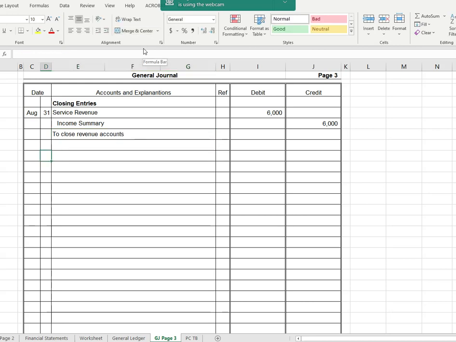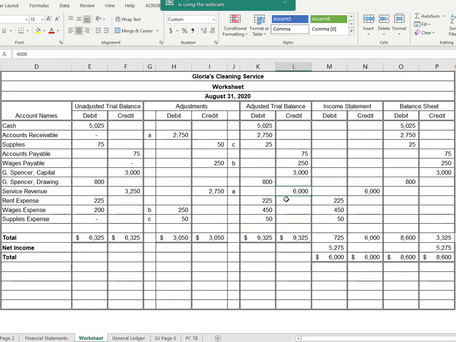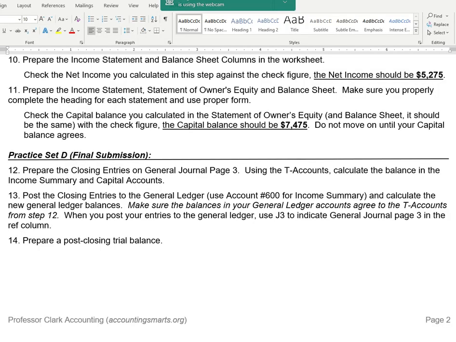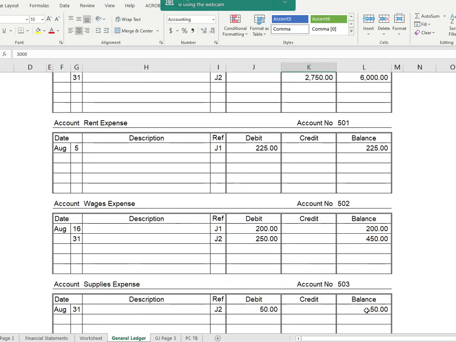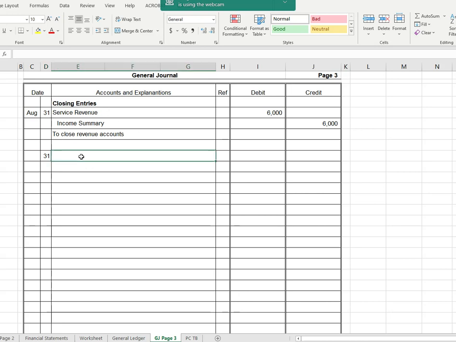Okay, so my next entry is going to be to close my expense accounts. If I look here at my adjusted trial balance, I have 3 expense accounts: rent, wages, and supplies. They all have debit balances, so that means that I need to credit them. Oops, sorry. I'm going to come over here. And since I am crediting my expenses, I have to debit income summary. So I'm going to debit income summary, and I'm going to leave that blank for a moment.